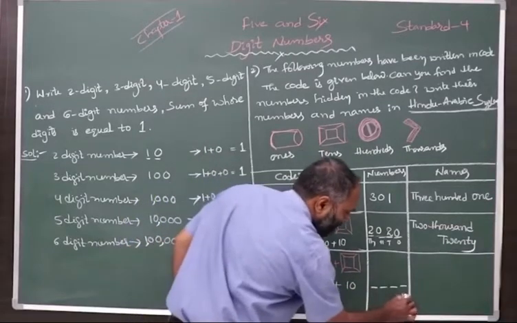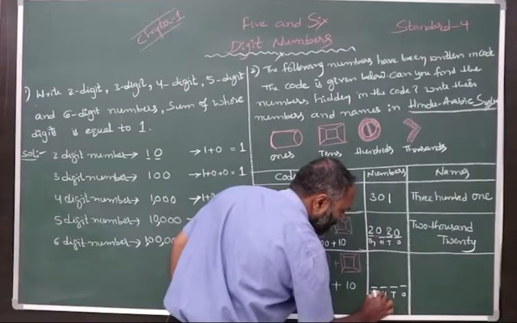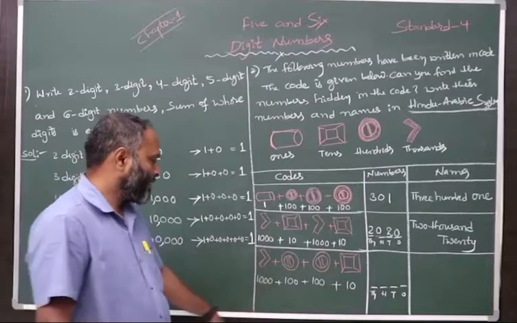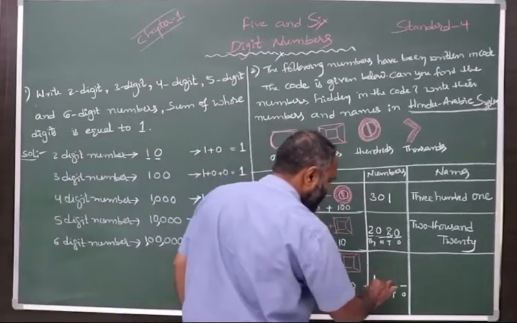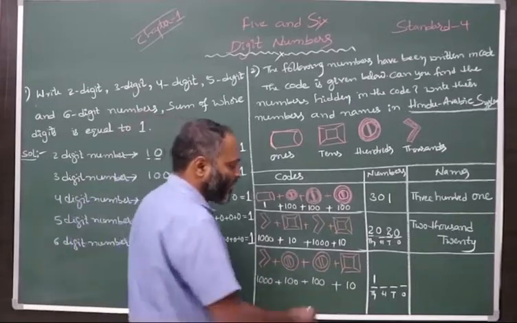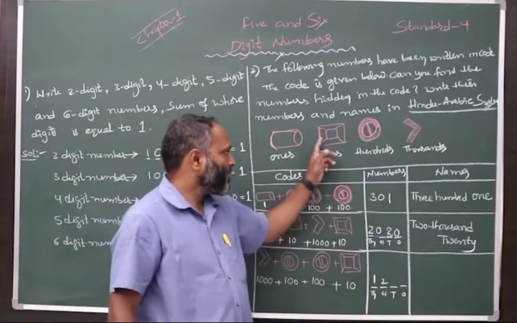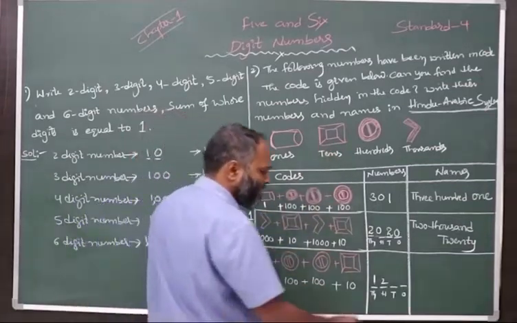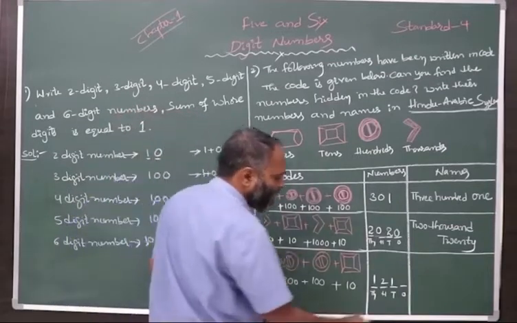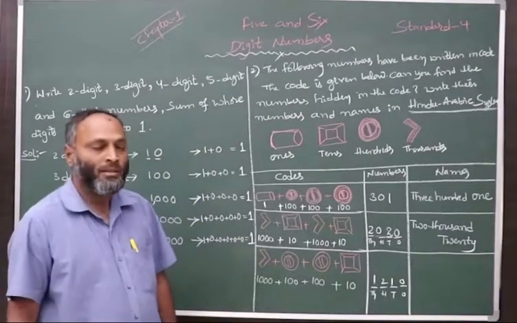This is ones place value, this is tens place value, this is 100 place value, this is 1000 place value. How many thousands are there? Only one arrow, that is 1000. How many hundreds? 2 circles, means 2 hundreds in the place of 100. How many tens? 1 square is there. How many ones? There is no cylinder, so ones is 0. This is the representation.